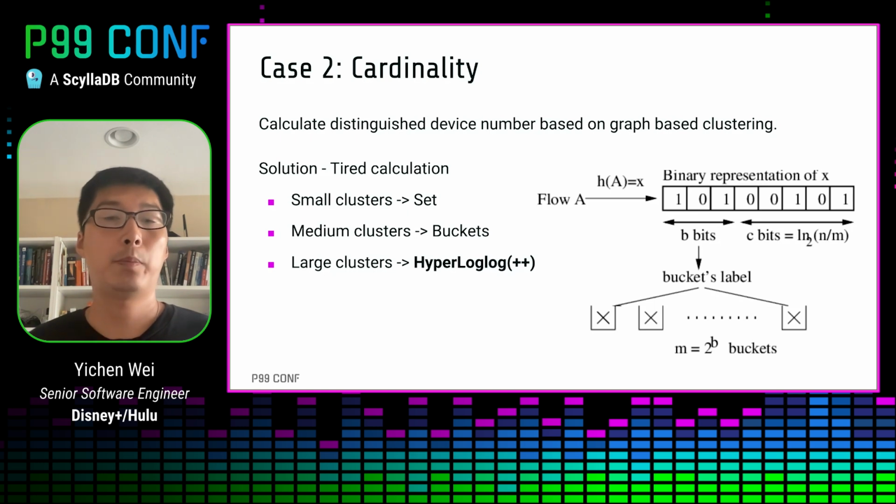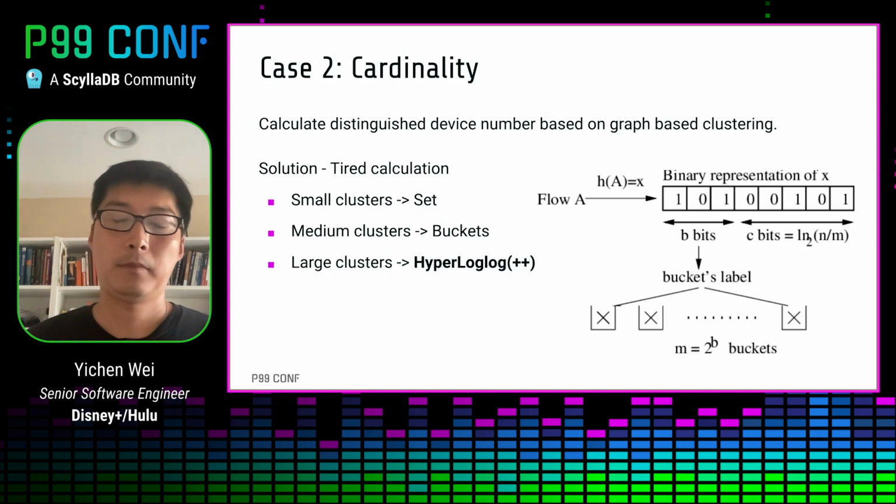So it's really hard to pick a hash function to hash it to a uniform distribution. And also because there is a lot of hashing computation, the distribution of the data is hard to predict, which means that we cannot do some optimization based on the CPU cache line, and which could impact our calculation performance.